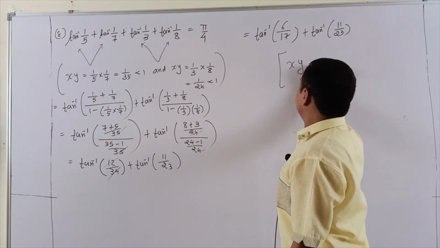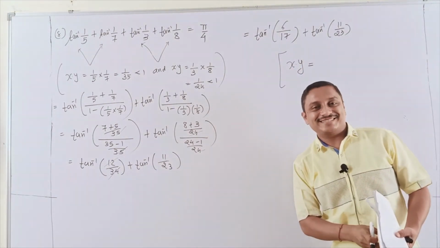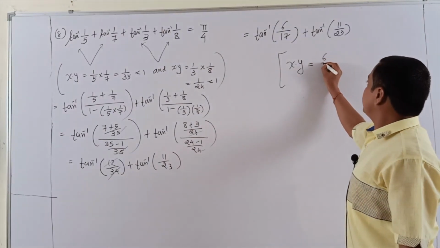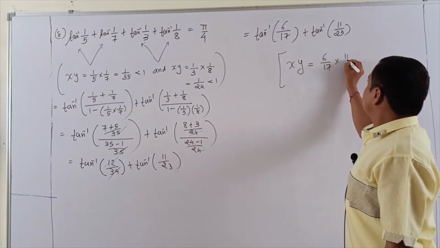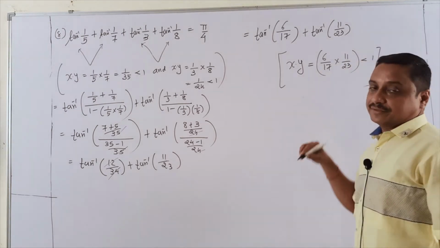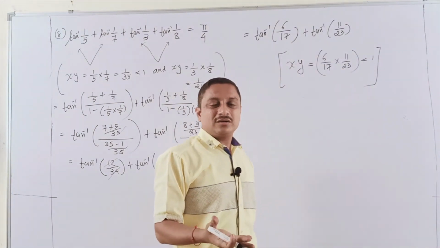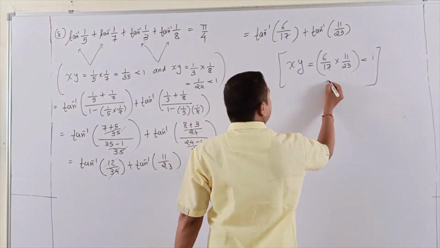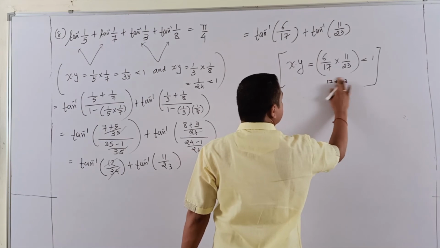Now one more time check x into y, students. What is x? 6 by 17. Y is 11 by 23. Surely it is less than 1. A very big product, but it is less than 1. Either calculate 17 into 23.